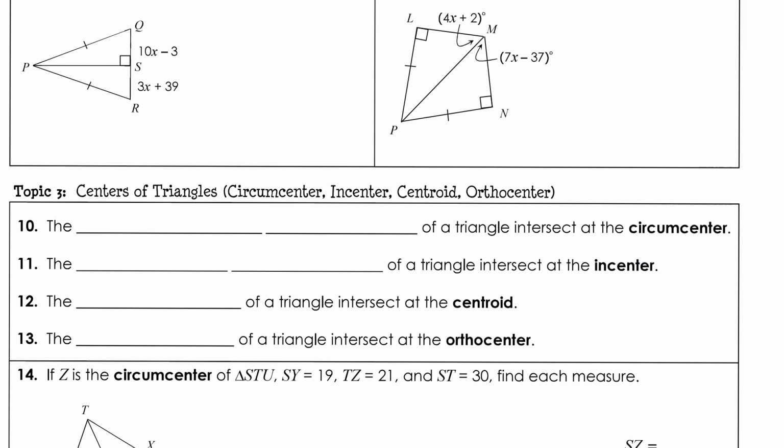The perpendicular bisectors of a triangle intersect at the circumcenter. So here, right over here, is the perpendicular bisector as to what it looks like. In other words, we would have 3 of these isosceles triangles.